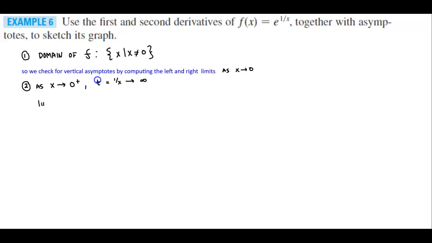So if we take the limit as x approaches 0 from the right of e to the 1 over x, which is equal to the limit as t approaches infinity of e to the t, which is equal to infinity. What this shows is that x equals 0 is a vertical asymptote.